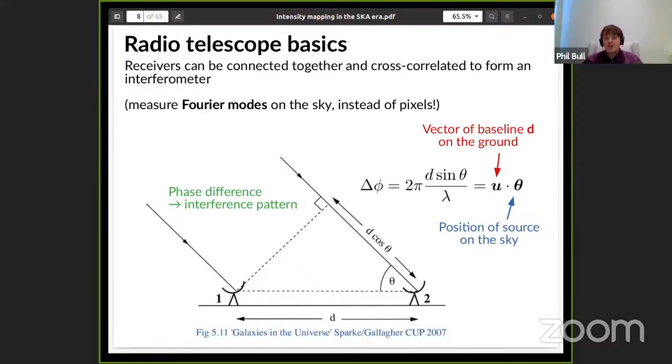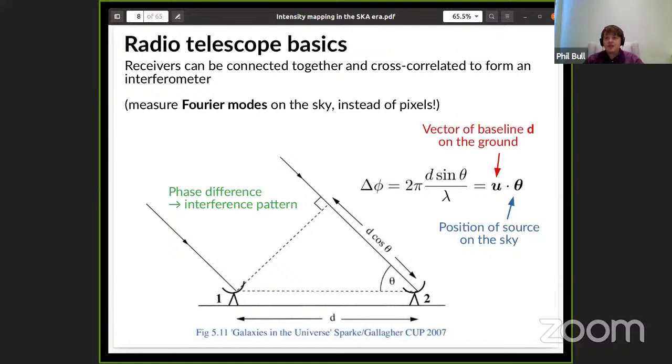I'm not going to go into tremendous detail about that, but the thing to remember is that the further apart your two receivers are, the longer the baseline. And the longer the baseline, the more rapidly varying your interference fringes are, and so the finer angular detail you can see. So the resolution of a radio interferometer increases when your dishes are further apart from one another.